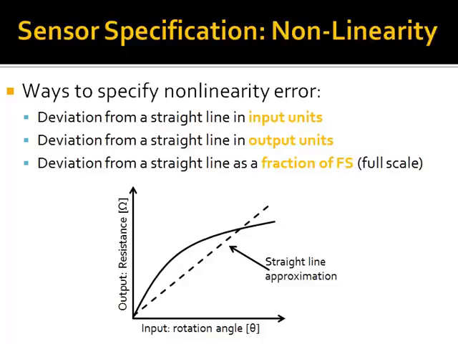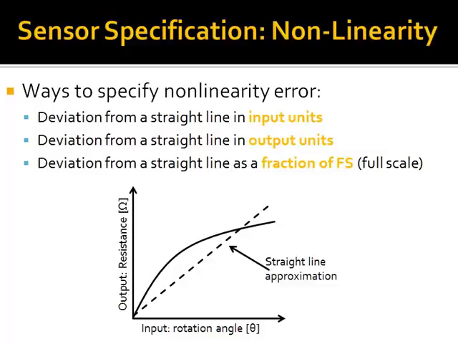In this example, this is a sensor response curve for a potentiometer. It's showing input units of rotation angle and output units of resistance. If the nonlinearity error is specified as deviation from a straight line in input units, then it would be reported, in this case, in units of radians or degrees.